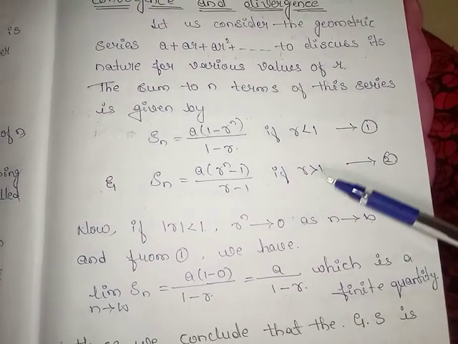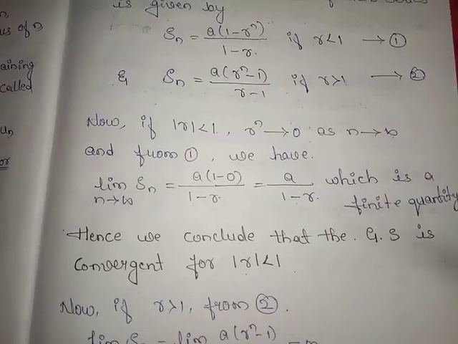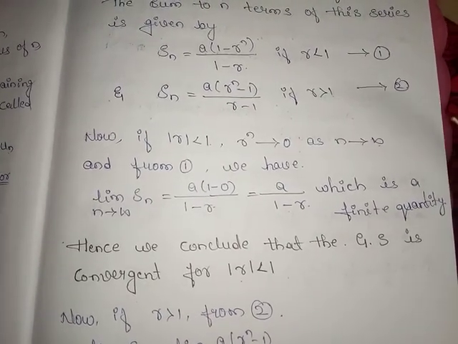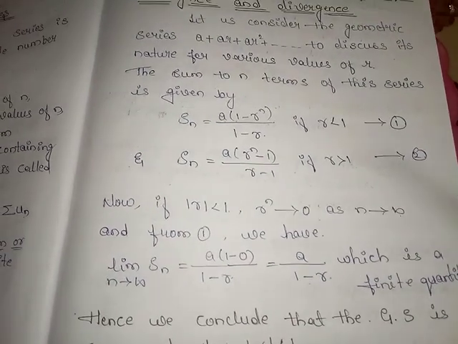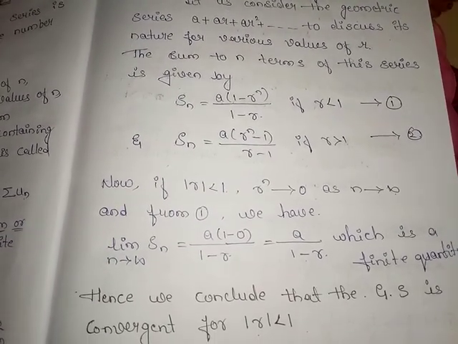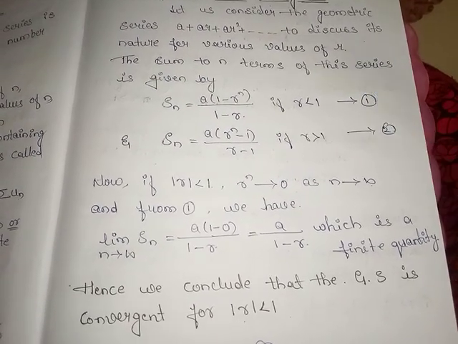On substituting the value of r, we find the conclusion: when this geometric series is convergent, when it is divergent, and what the possible results are.